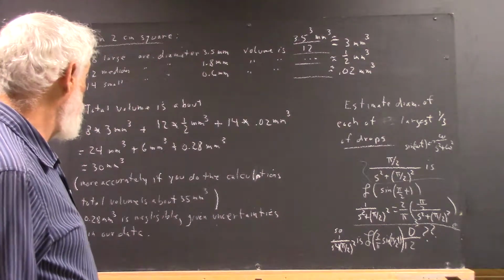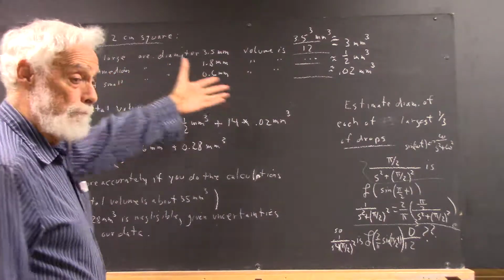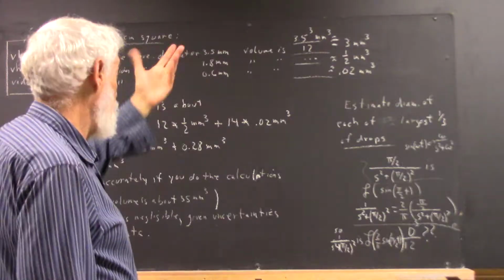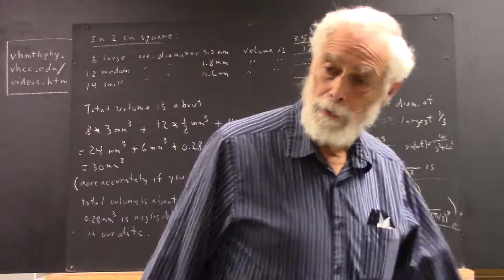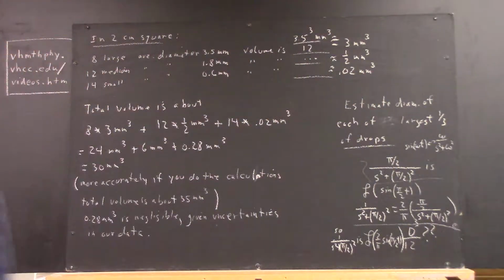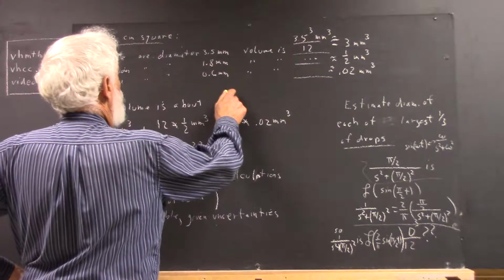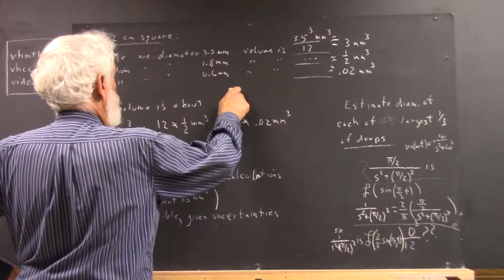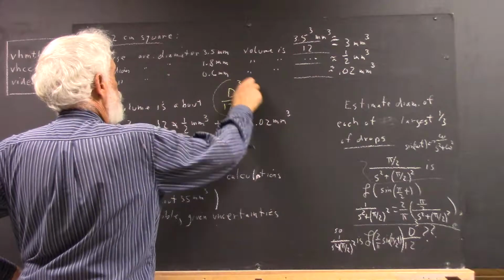And we used a formula for the volume of the drop. The formula was, and it's not written up there anymore, but I don't think this formula is actually the best thing that we could use, but I think we used d cubed over 12 for the volume.